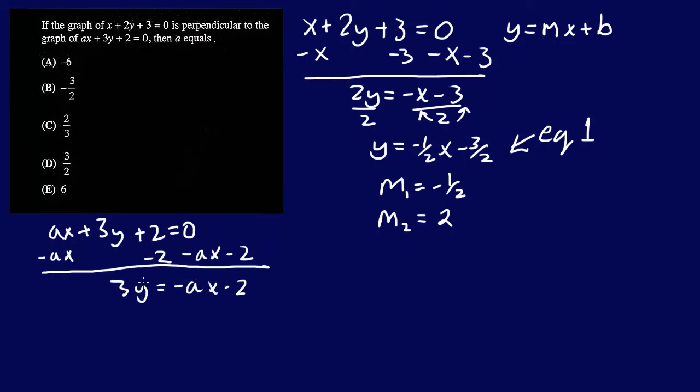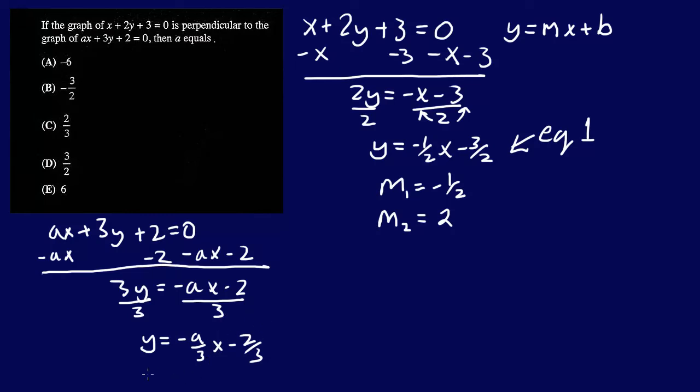Y is still not by itself because we have this factor of 3, so we're going to divide off that factor of 3 from both sides, and we are left with y equals negative a over 3 x minus 2/3. So again, the 3 divided into both of those two top subterms.